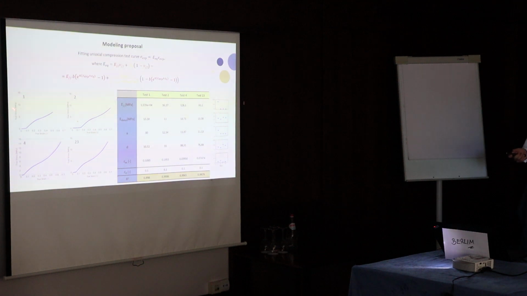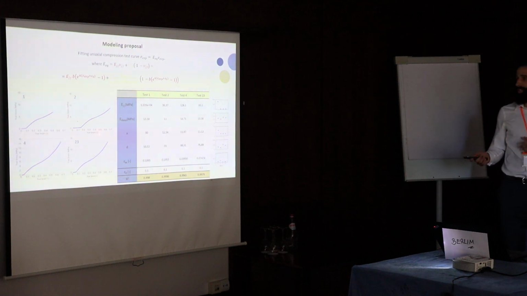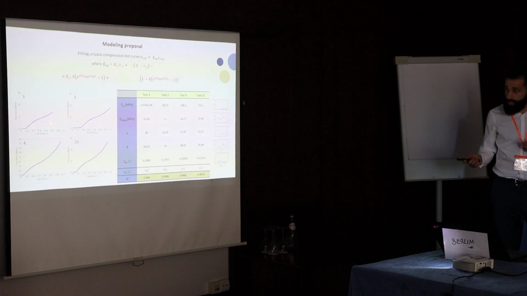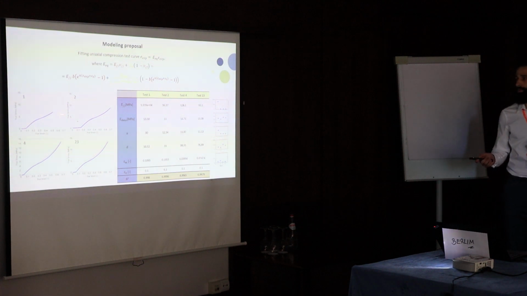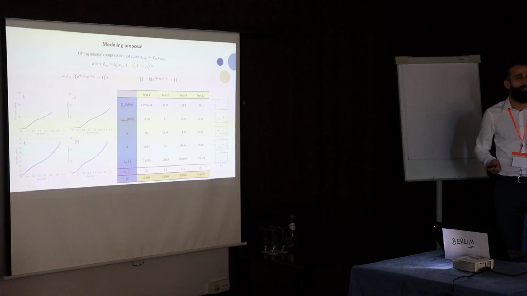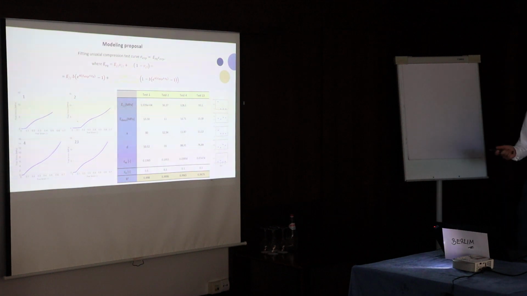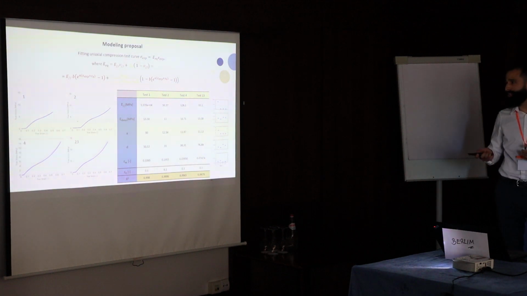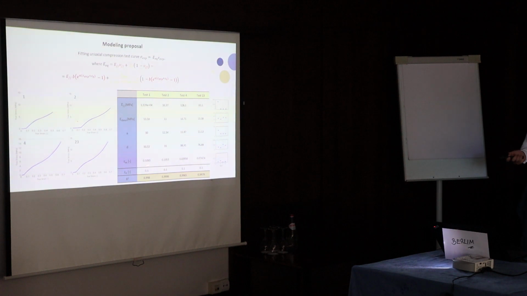We chose only 4 out of the 23 tests that we did, because these were the tests that reached the highest stress levels, and they had the biggest amount of information. The fitting is quite good, I would say. What is interesting is that this analytical expression can catch at least the initial nonlinear behavior, which was weird at the beginning.